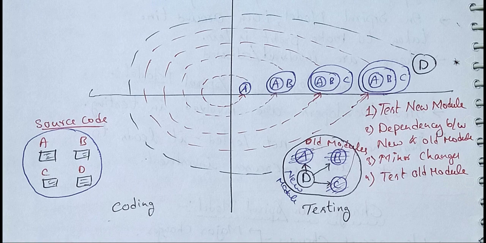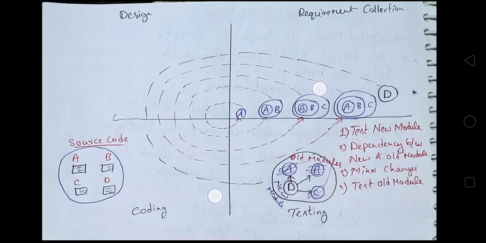Got it? In minor changes, first we test the new module. After that we test the dependency between new and old module. After that we fix the minor changes. After that we test the old module. This is about minor changes.